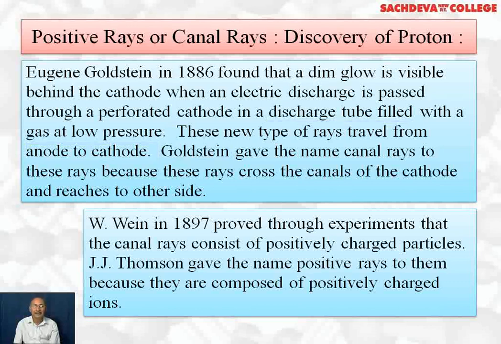Goldstein gave the name canal rays to these rays because these rays cross the canals of the cathode and reach the other side. Wien in 1897 proved through experiment that the canal rays consist of positively charged particles. J.J. Thomson gave the name positive rays to them because they are composed of positively charged ions.